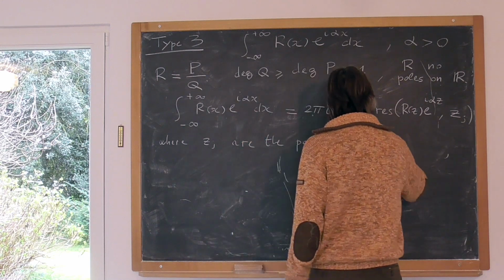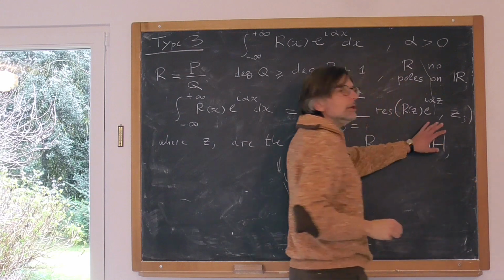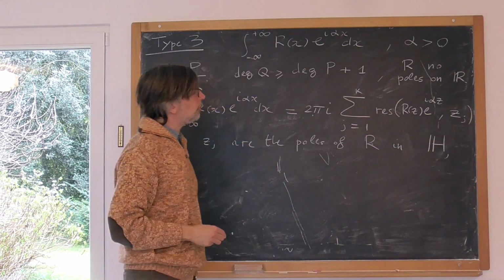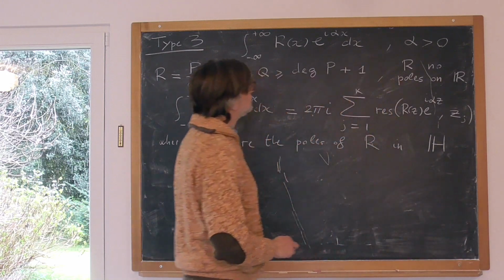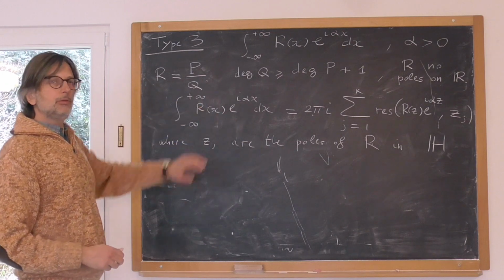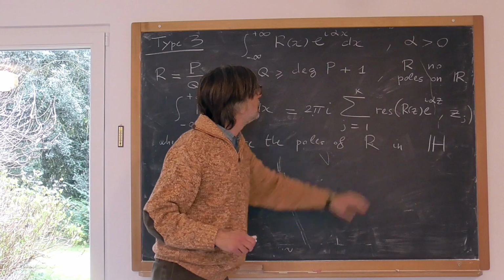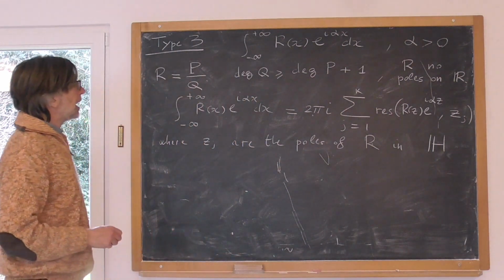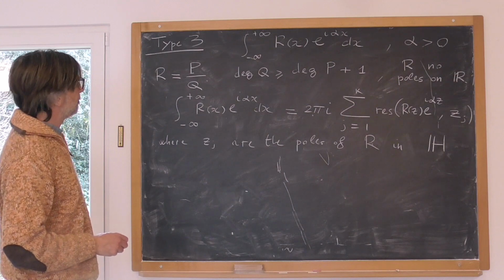H is the standard notation for the upper half plane. Okay, we would like to prove that this formula holds. This integral equals 2 pi i, the sum of these residues.